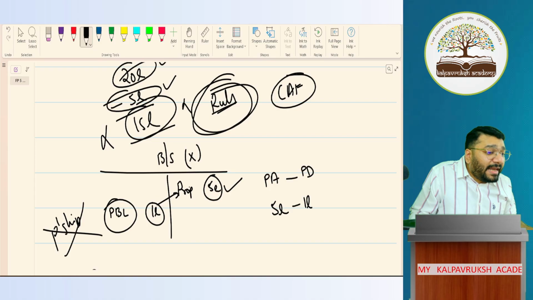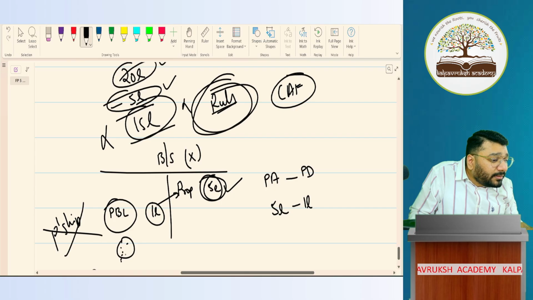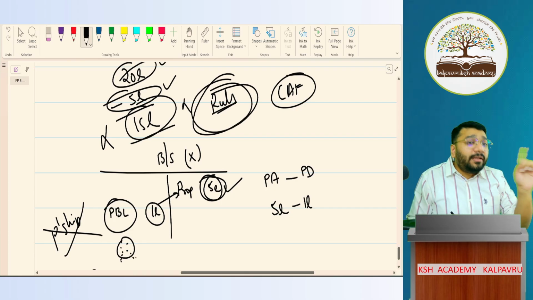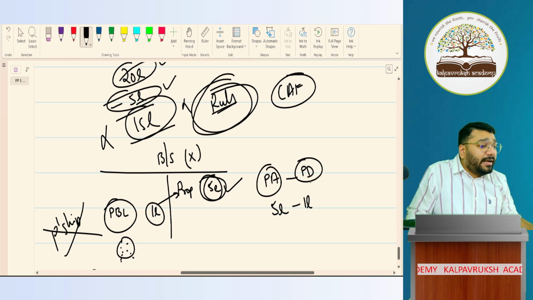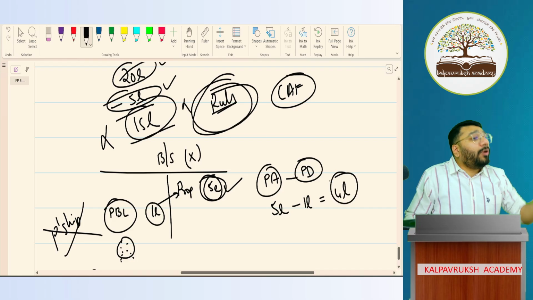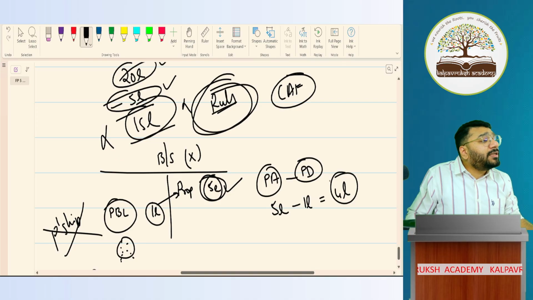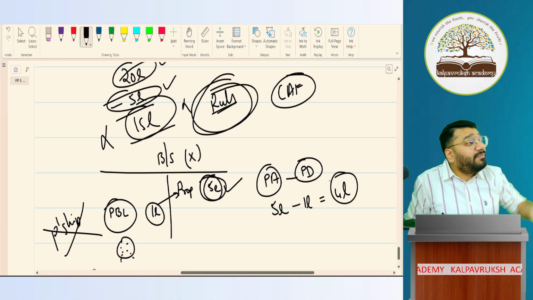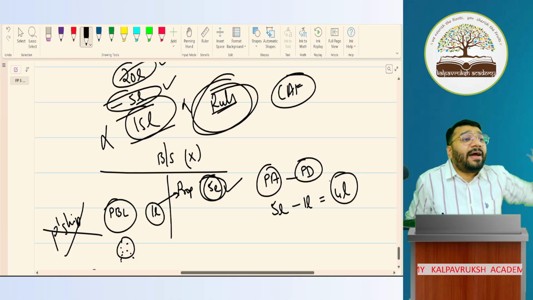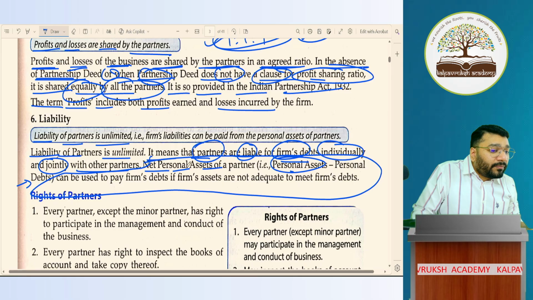If this entire 5 lakh is taken by that banker, then the other banker will start crying. Got it? Not got it? Therefore, from the personal assets, you're supposed to subtract the personal debt. What is the balance money available? 4 lakh rupees is what we can recover from the property of X. Sir, what about the remaining 1 lakh? The remaining 1 lakh we will try to recover from X. If we cannot recover from X, we'll try to recover from Y and Z. Got it? Not got it? This is what they're trying to say here. How will you choose?